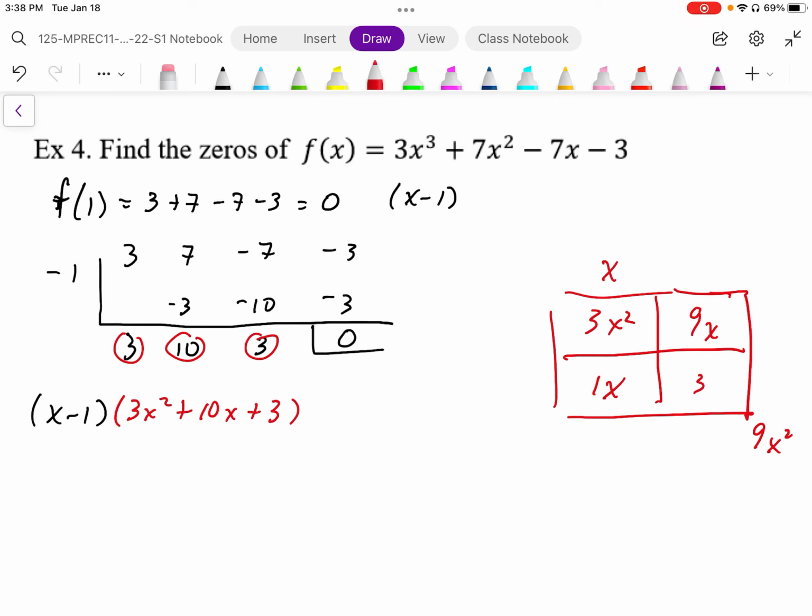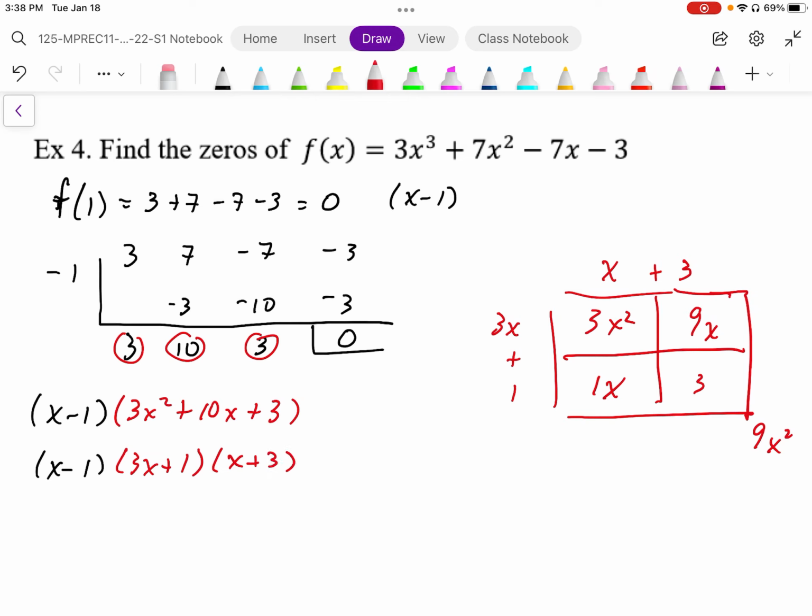Factoring out the common factor, I get x plus 3, and I get 3x plus 1. So my factors then look like this: x minus 1, 3x plus 1, and then x plus 3.